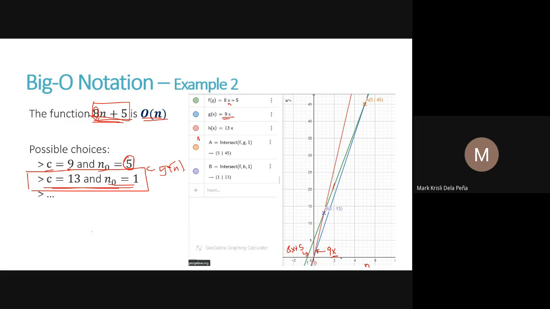Say for example, if you have n equal to 2, the time is I think 18. However, for the original function, when n is equal to 2, that's actually 21. So we can say that here our c times g of n has a much lesser growth rate in this portion compared to our original f of n.